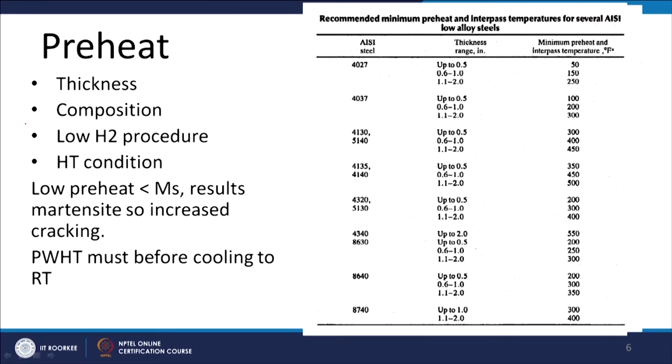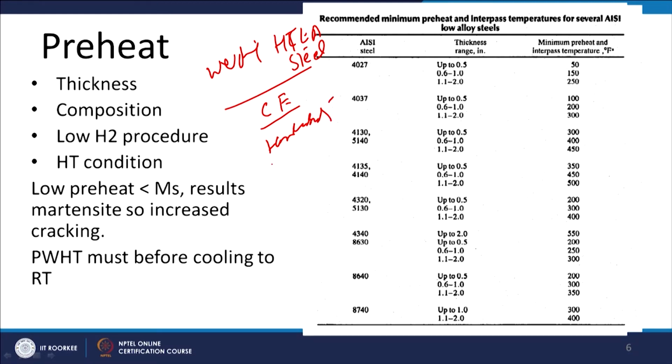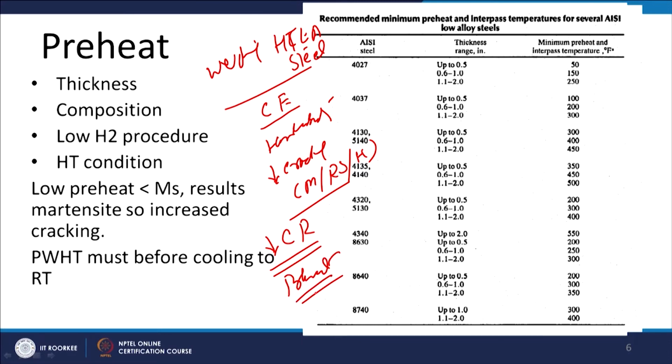So, as I have said, during the welding of the heat treatable low alloy steels, because of the high carbon equivalent and the high hardenability, in order to reduce the cracking tendency due to the formation of the martensite, the residual stresses and high hardness, reducing the cooling rate is the best option, and for that we need to use the proper value of the preheat.